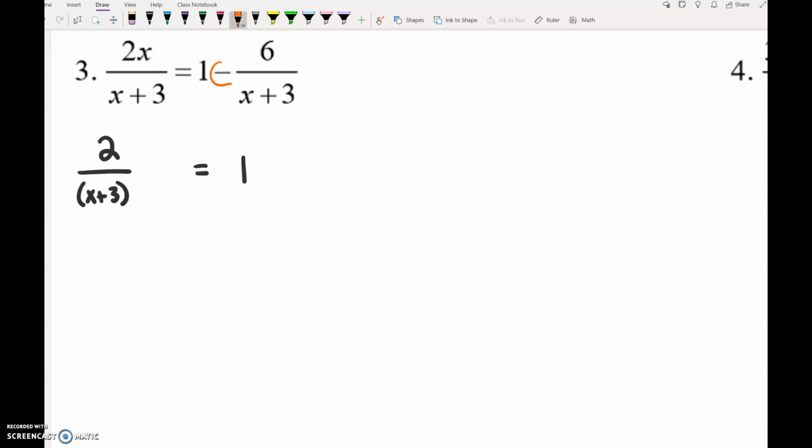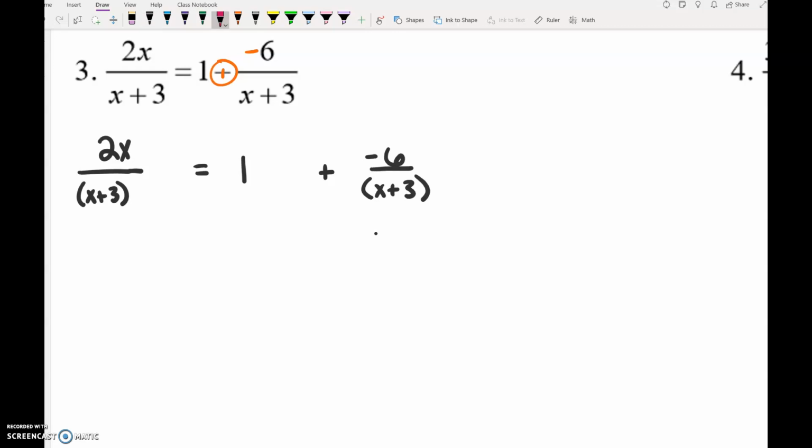And anytime that you see subtraction, change that to plus a negative. So really, I haven't changed anything yet. I've just spaced out what I've got. Oh, yeah. Thank you to my first hour class for noticing that I forgot the x on the top. Okay.